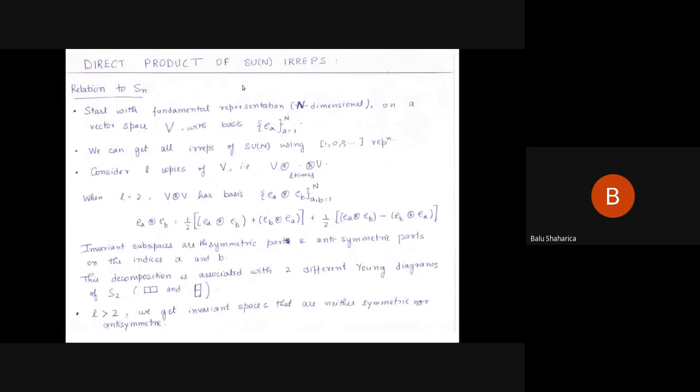To find invariant subspaces of L copies of V, we use the SL group. So we use all the irreps of SL to get all the different permutations of the indices, like how we acted S2 on AB.